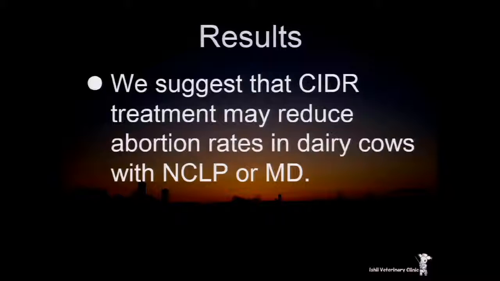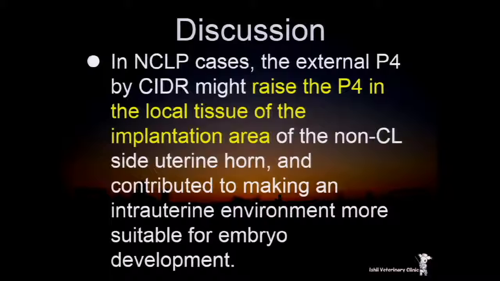We suggest that SIDA treatment may reduce abortion rates in dairy cows with NCLP or MD. In the case of NCLP, the external P4 by SIDA raised the P4 in the local tissue of the implantation area of the non-CL side uterine horn and contributed to making an intrauterine environment suitable for embryonic development.